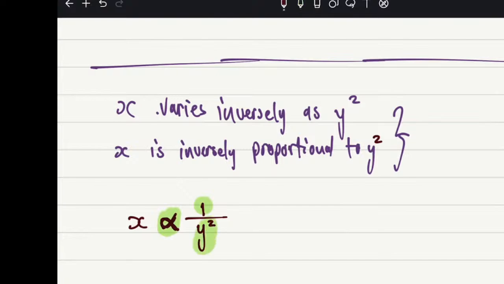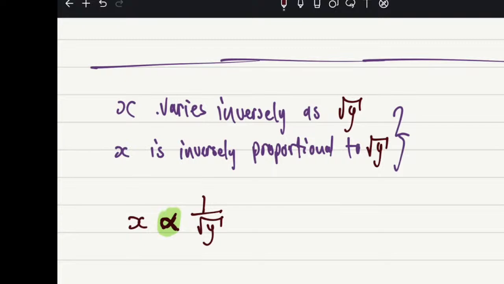If x is inversely proportional to root y, then it means x is proportional to 1 over root y. Hey, do this please. Inverse proportion means you are proportional to 1 over that something.